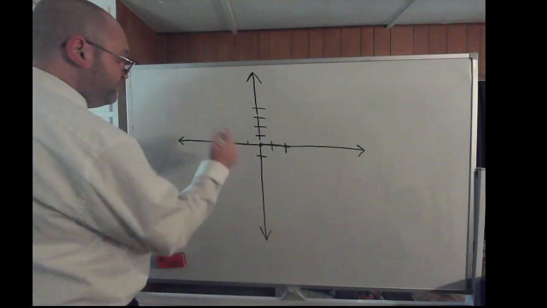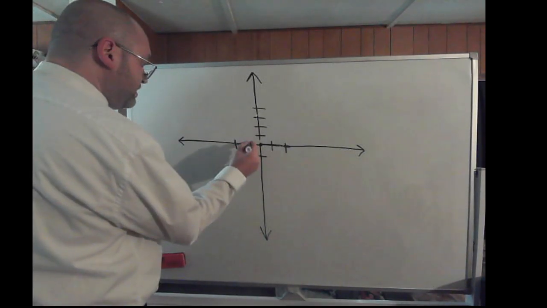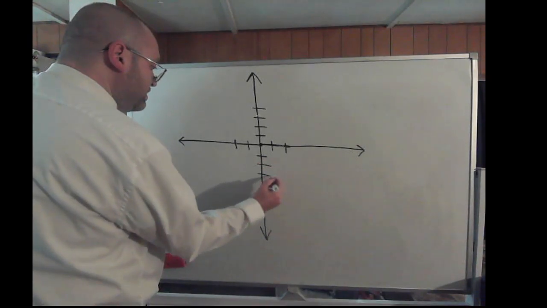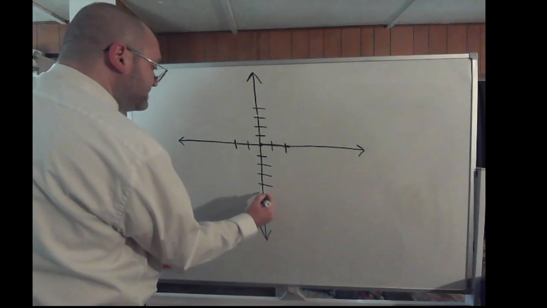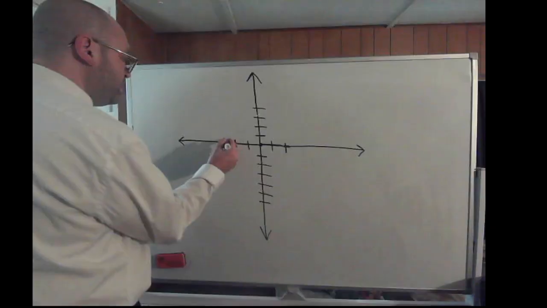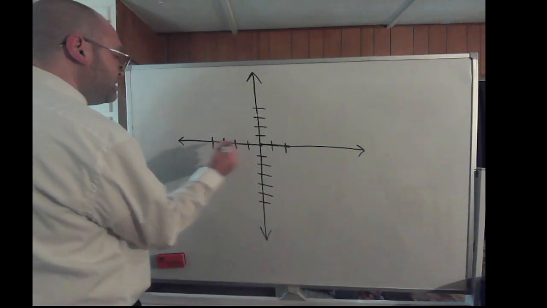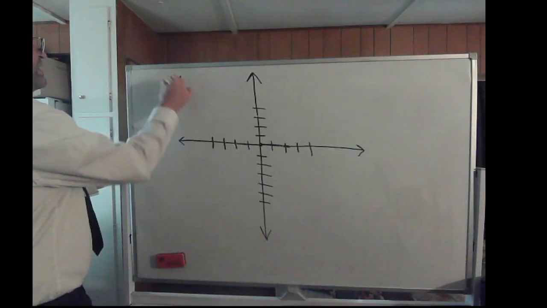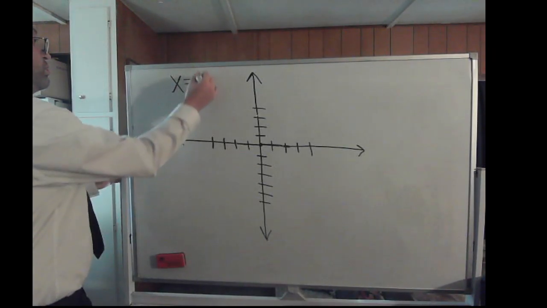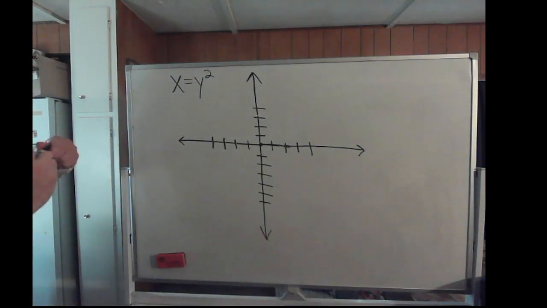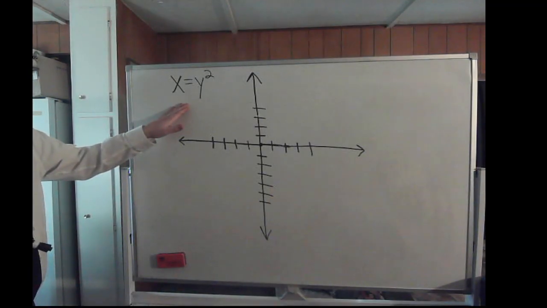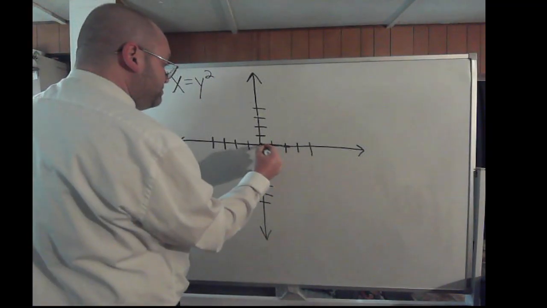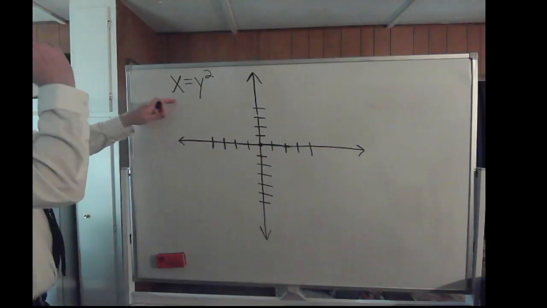Alright, what if I'm just going to draw a few more points here. What if this time I have x equals y squared? Interesting thing happens. So x would be 0 still, because x is still your input.